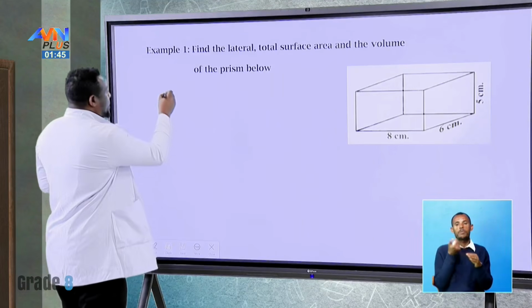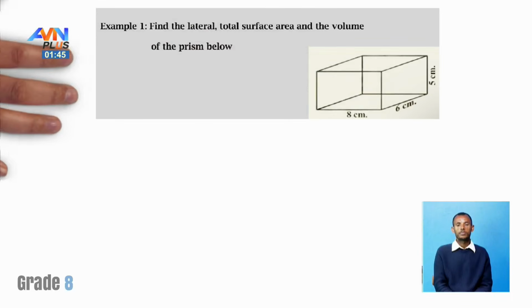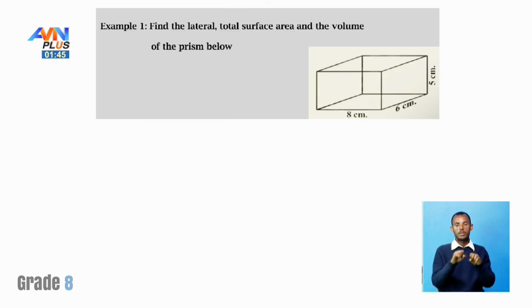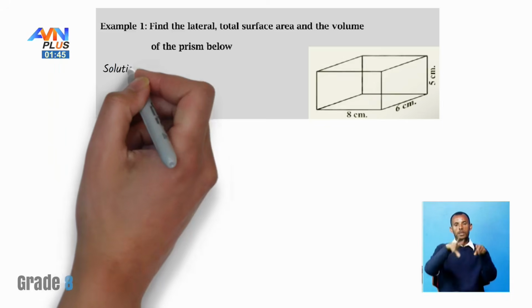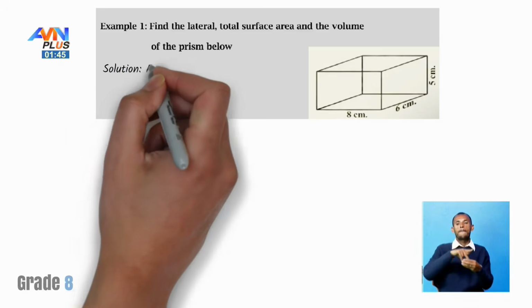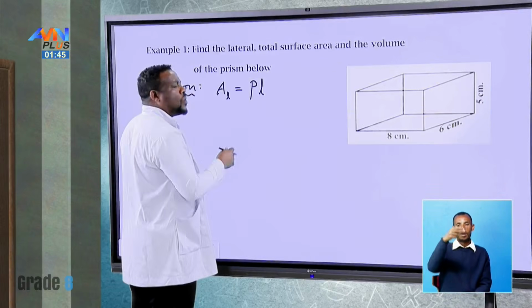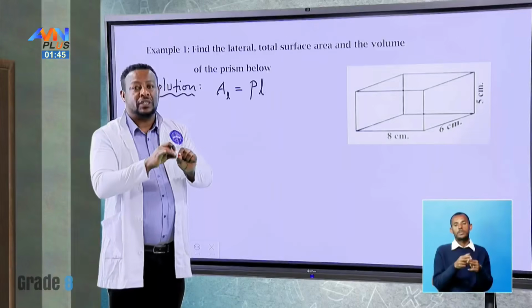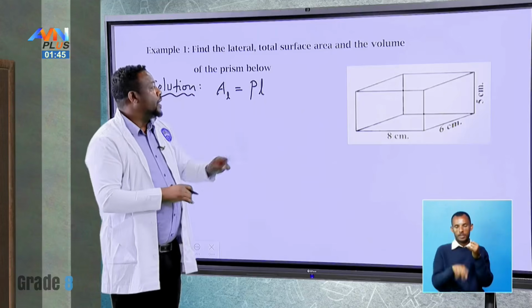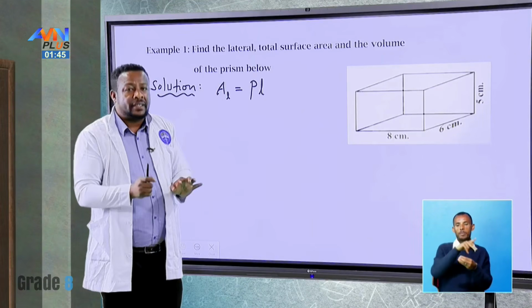The lateral surface area denoted by AL is given by the perimeter of the base times the height L, or you can call it K, whatever variable, but that represents the lateral edge. This P refers to the perimeter of the base.